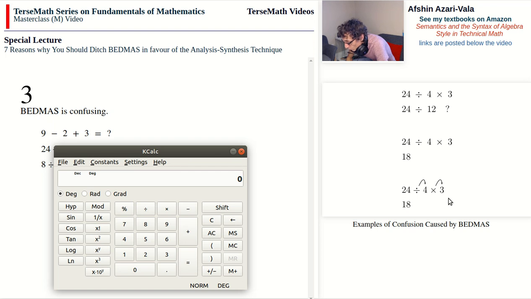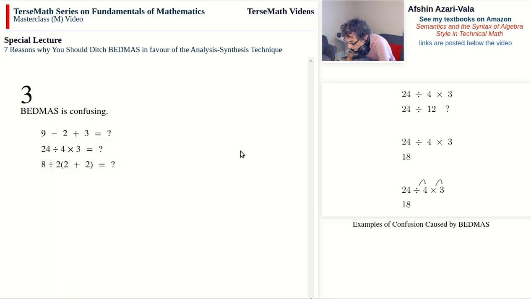If I start with 24 times 3, I end up with 72. And then we divide by 4, and that gives us 18 back. So you can do them in any order that you want.